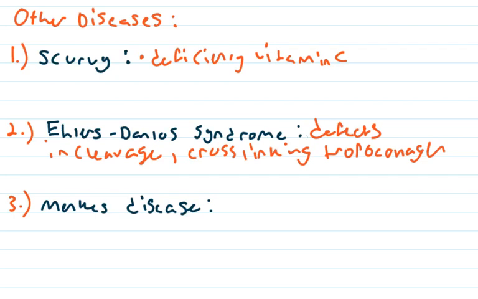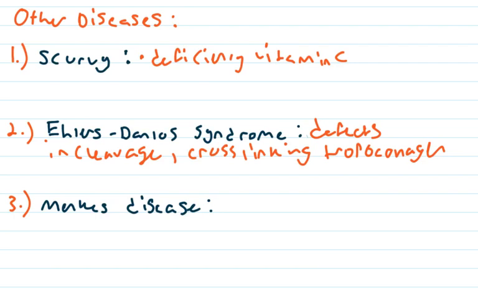And so what that's going to cause is an inability to form our collagen molecules, which is going to result in hyperextensible skin, hypermobile joints, and a tendency to bleed. And if you think back to the types of collagen, type 3 collagen, which is deficient in Ehlers-Danlos syndrome, results in abnormal blood vessel formation and easy bleeding.